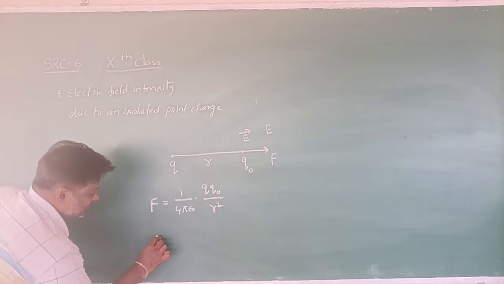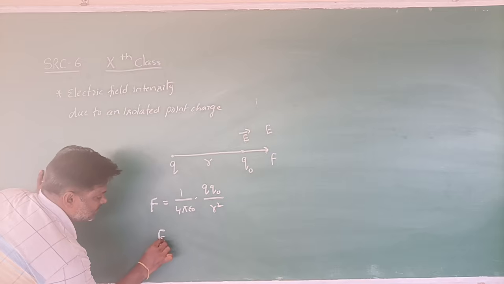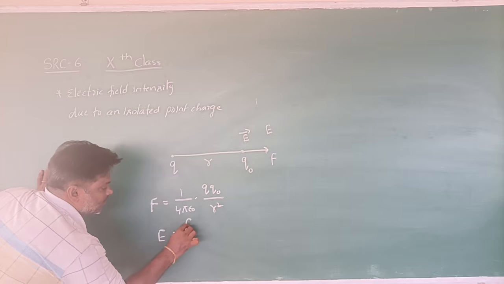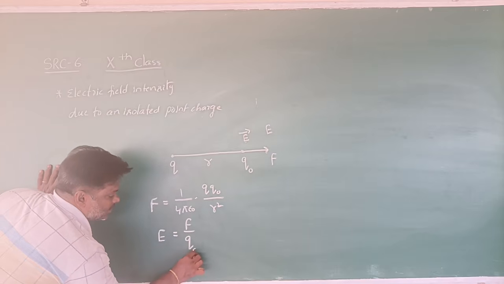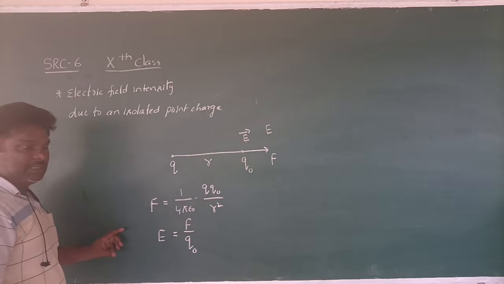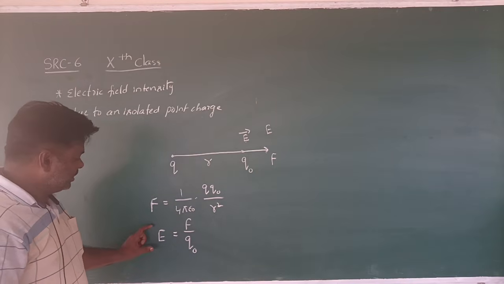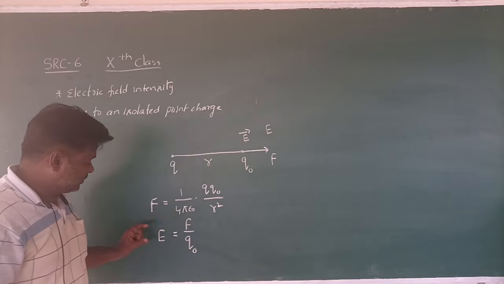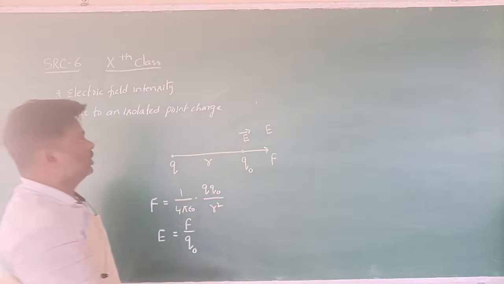What is the formula for electric field intensity? E is equal to F by q naught. In our previous class, we expressed this.